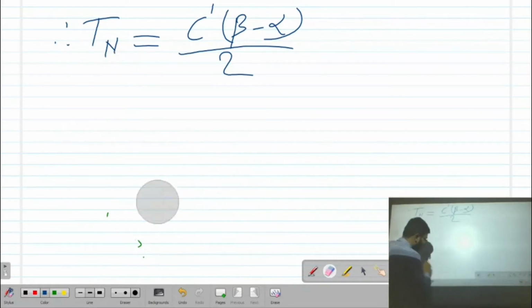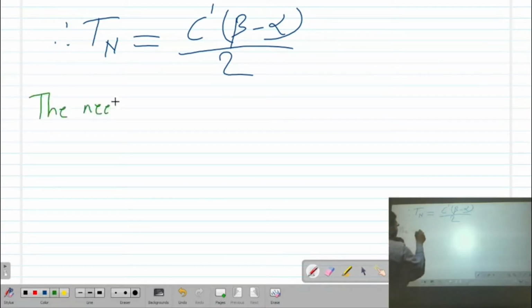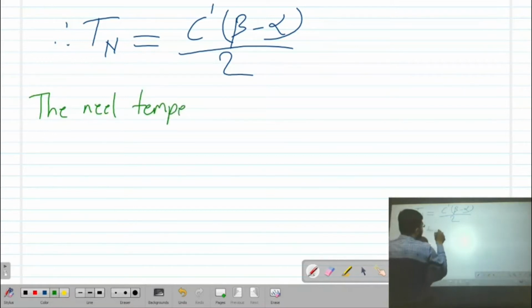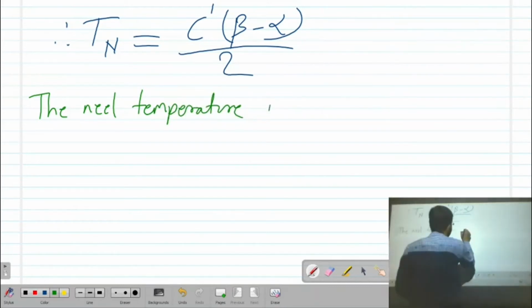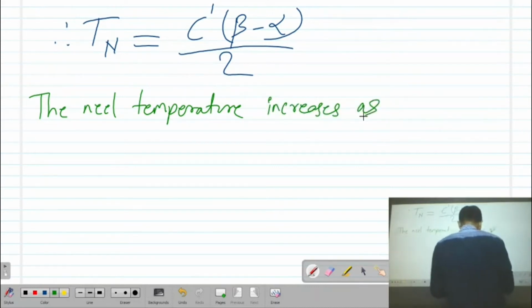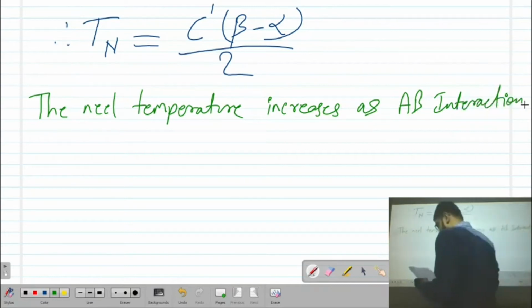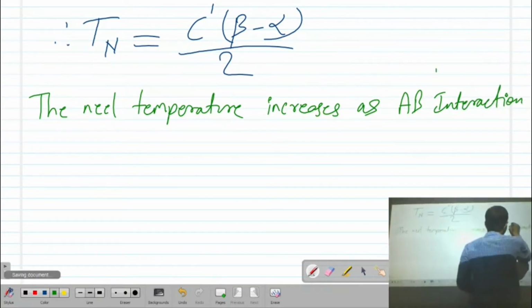The importance of it is, from the above equation it is clear that the Néel temperature increases as the AB interaction, that is beta, is stronger.